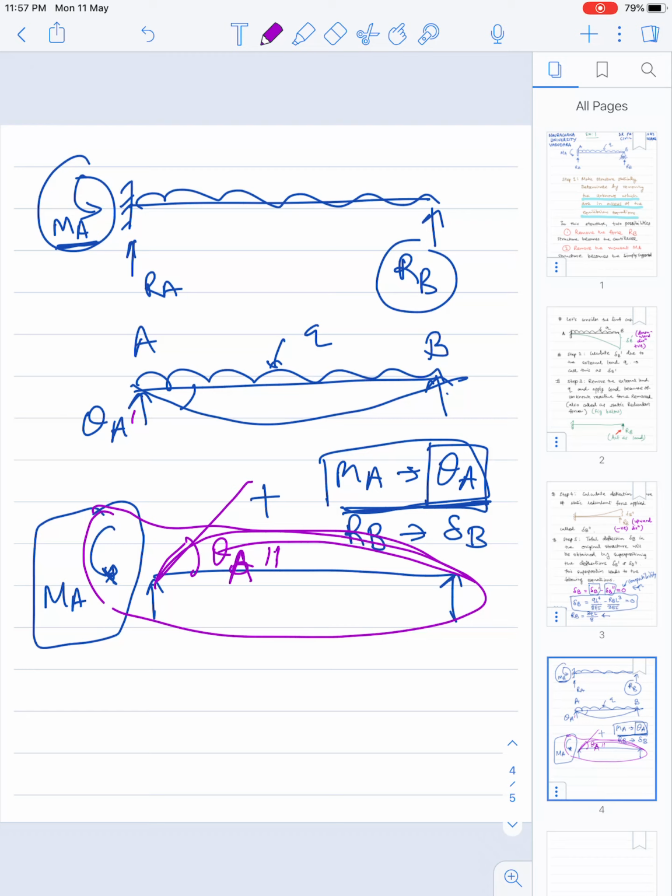So to write the compatibility equation, in the original structure the rotation theta A is 0.